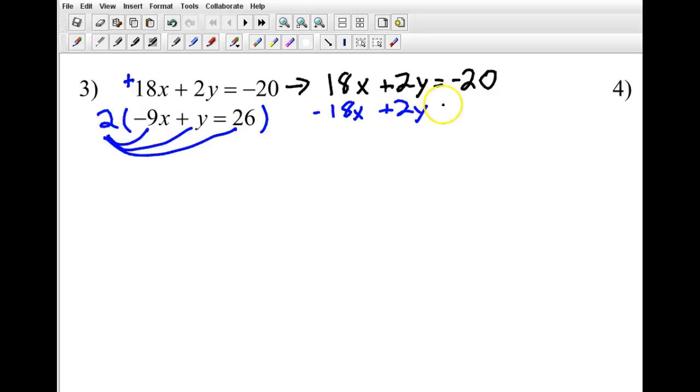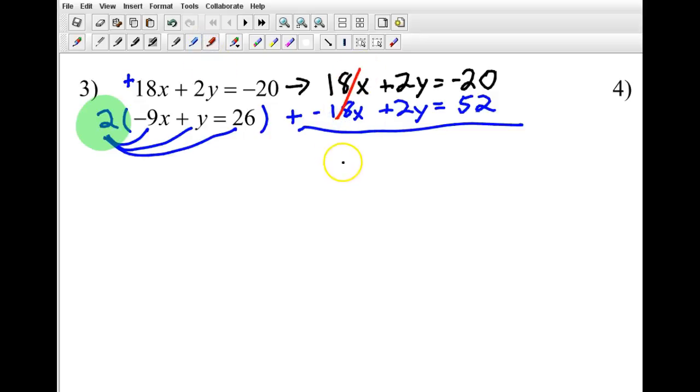And 2 times 26 is 52. And now it's just like a problem from Monday, Tuesday, and Wednesday. You can eliminate and finish it. So this is the only thing that's new. It was picking which equation, top or bottom, and then choosing the number to multiply by.